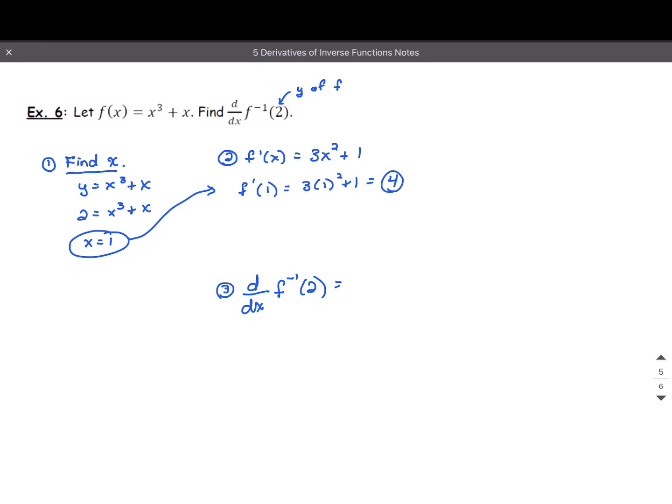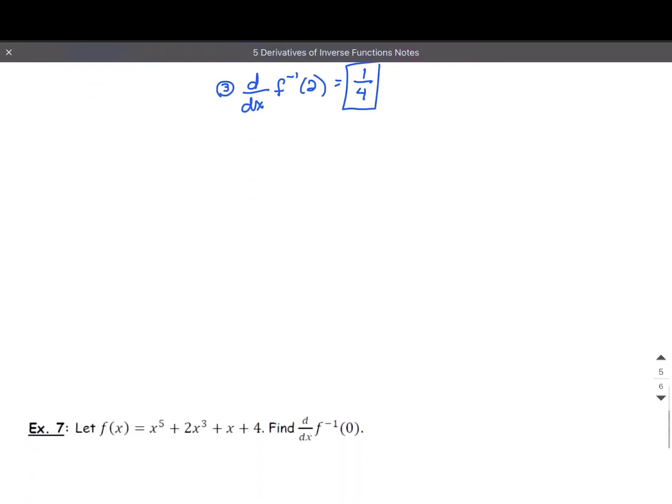We take the reciprocal of f prime of 1, so it's 1 over 4. To repeat, we take the y value that they give us in an x position, because it's the inverse function. We find the matching x of f, we plug that into the derivative of f, and then we take the reciprocal. Let's try another one.